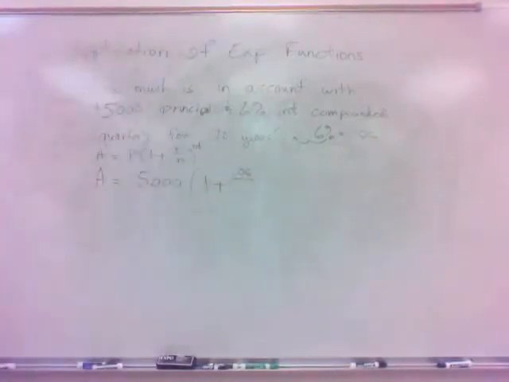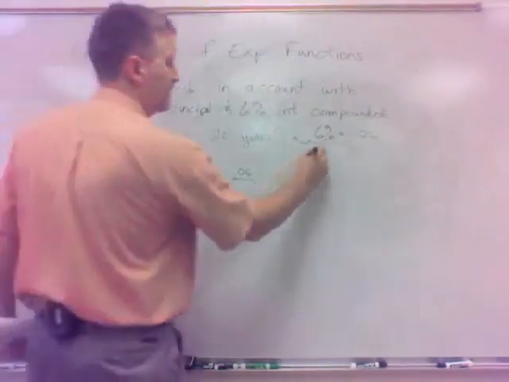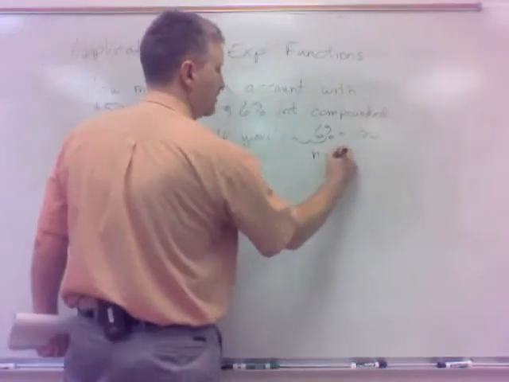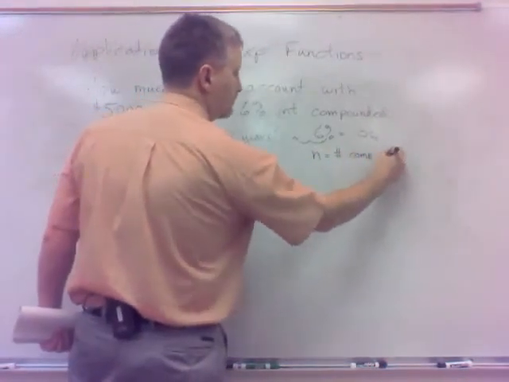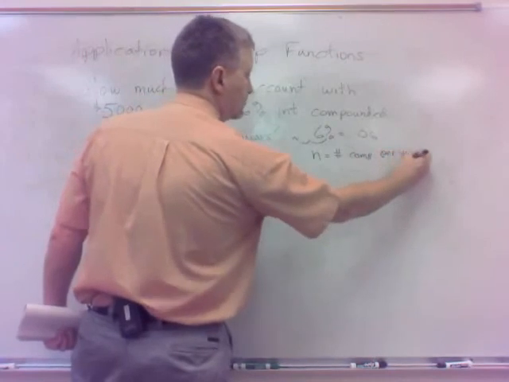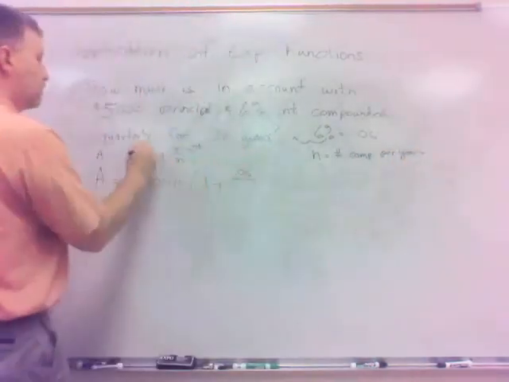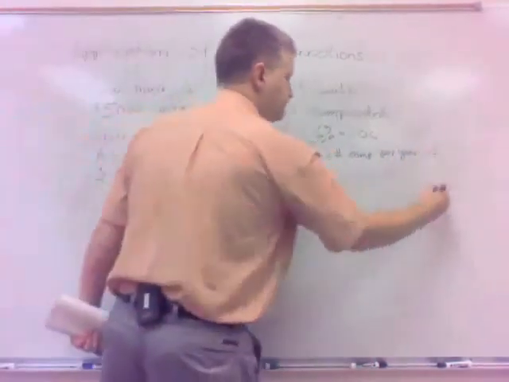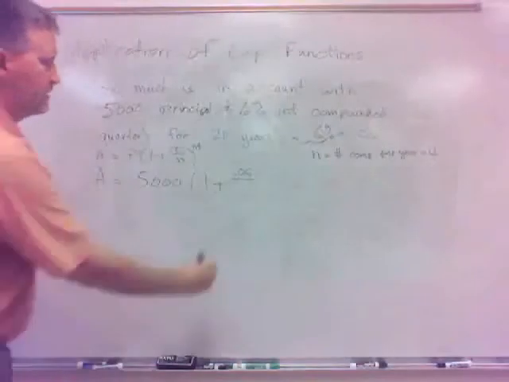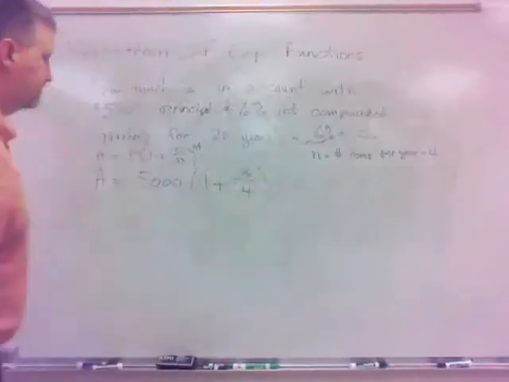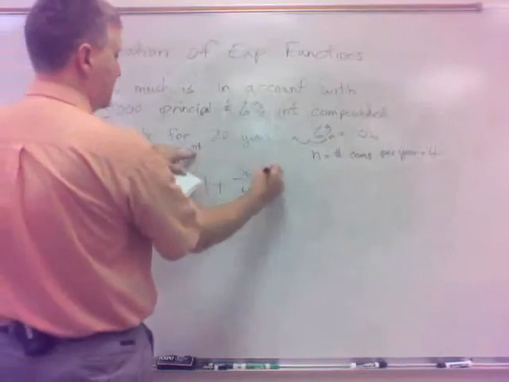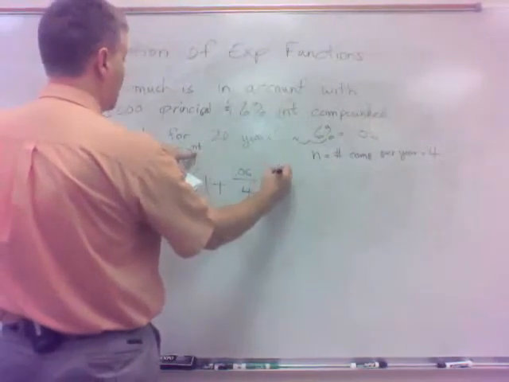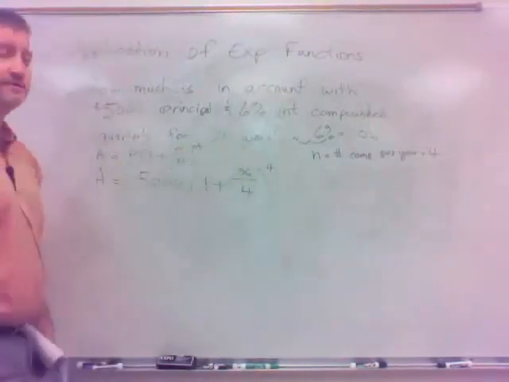Okay, so N, remember N is the number of compoundings per year. So what's N here? Yeah, we're doing it quarterly, so N would be 4. N is going to be 4, so that's what I divide 0.06 by. Then I raise it to the N times T, so that would be 4, and the T is the time in years.